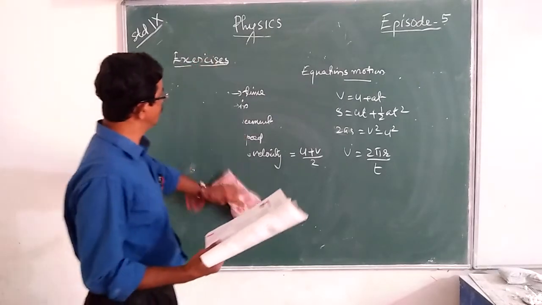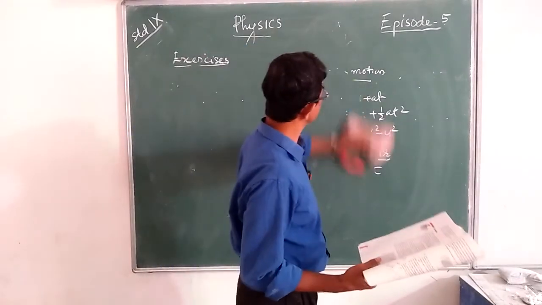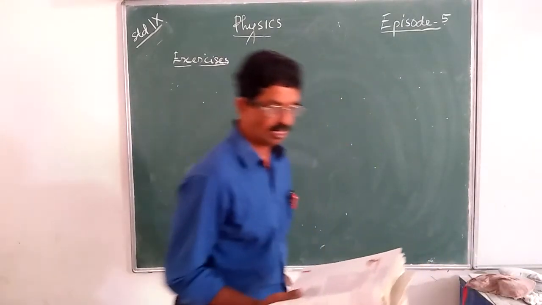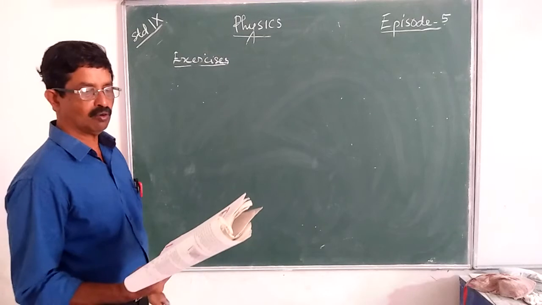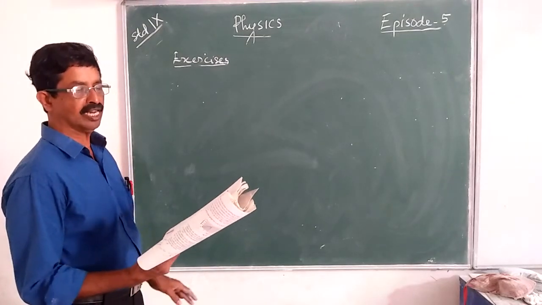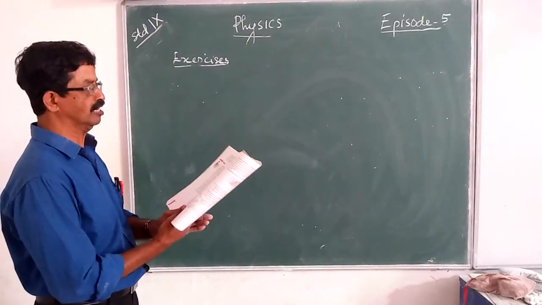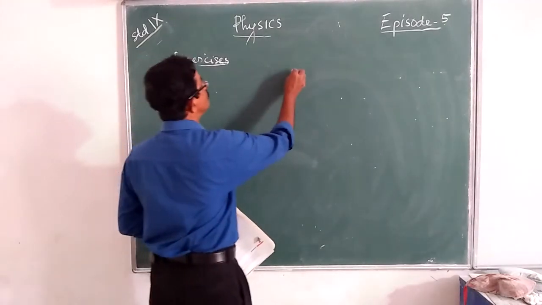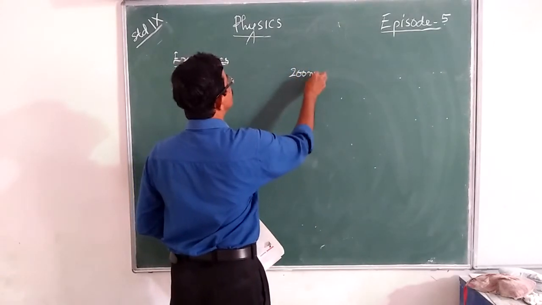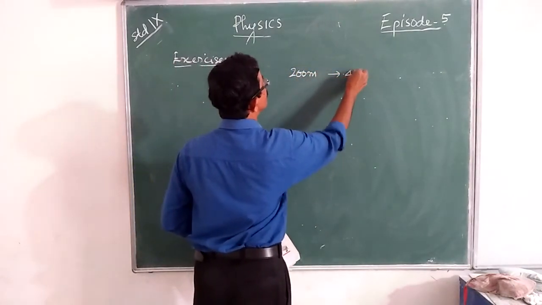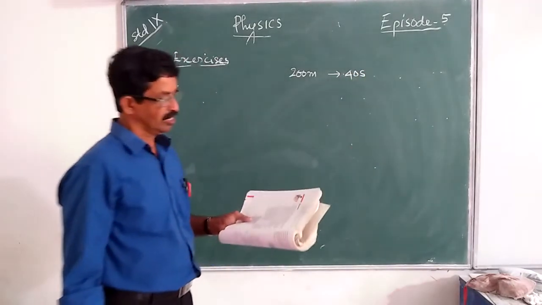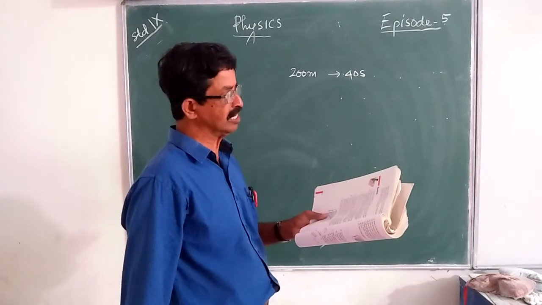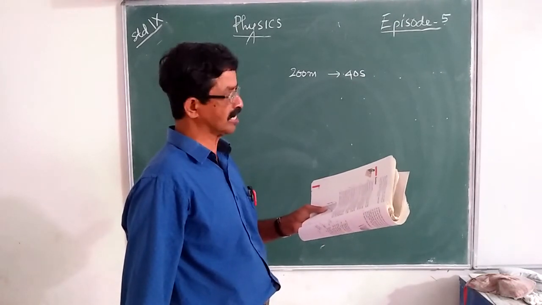The first one is: an athlete completes one round of a circular track of diameter 200 meter in 40 seconds.